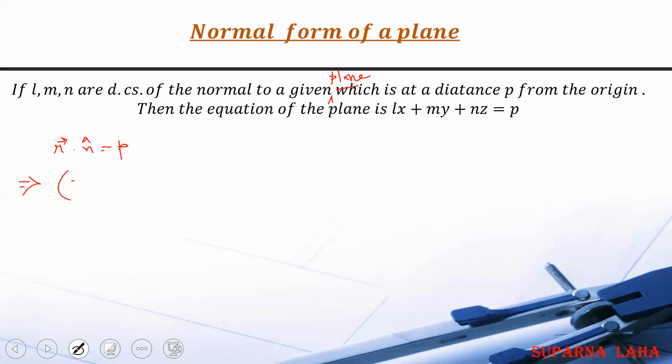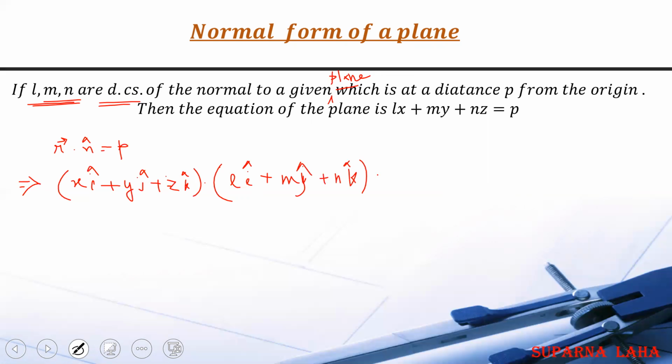Now r is any arbitrary vector, so x i cap plus y j cap plus z k cap. Now n vector whose direction cosines are given L, M, N. So we can write this thing dot product with L i cap plus M j cap plus N k cap is equals to p. Okay, so from here you can write Lx plus My plus Nz is equals to p.